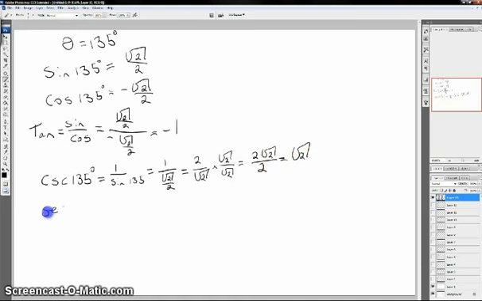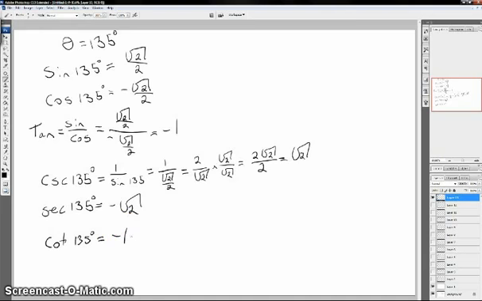I can do secant of 135. That'll be the same exact thing, except it'll be negative, so I can just skip all of that and say it's negative root 2. And cotangent, which is 1 over tangent. Since tangent was negative 1, cotangent is going to be negative 1.